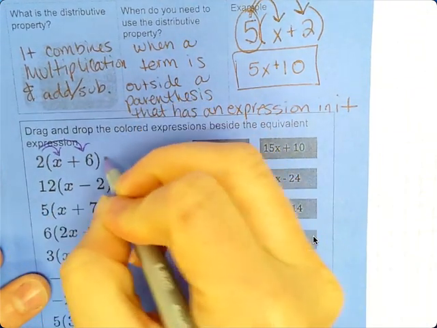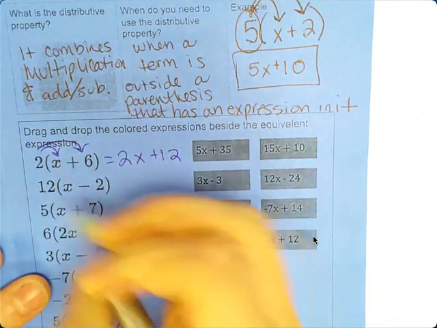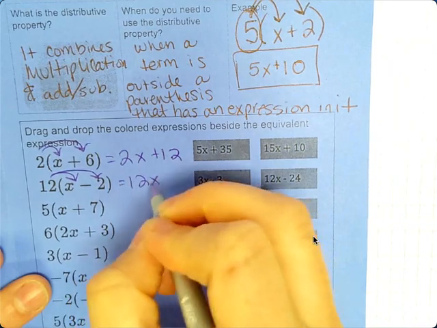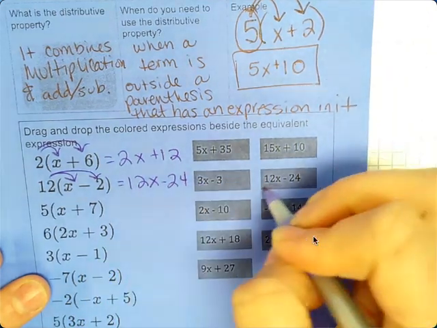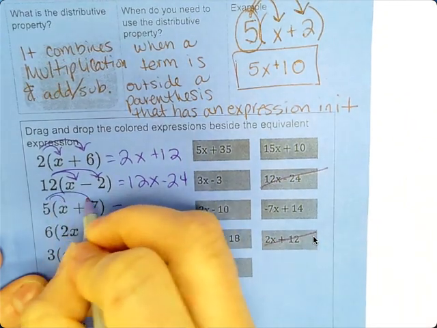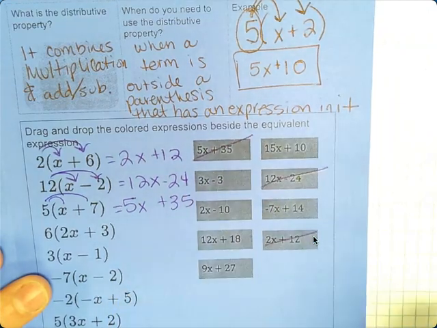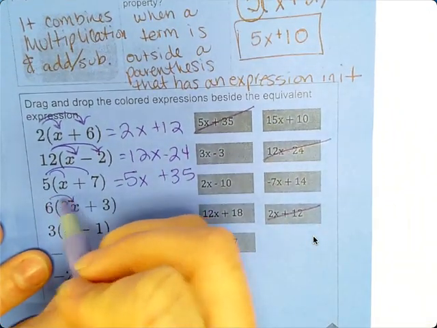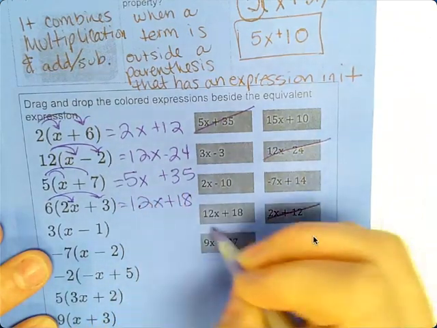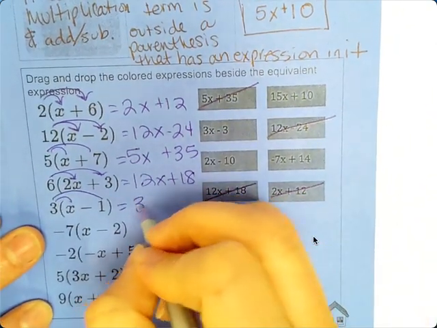So whenever you distribute this, 2x plus 12, the next one, 12x minus 24, and then distribute here, 5x plus 35, distribute here, 12x plus 18, distribute there, 3x minus 3.